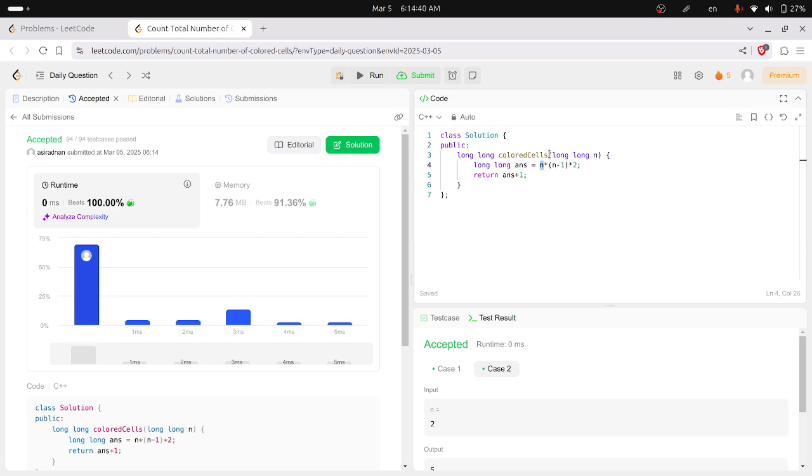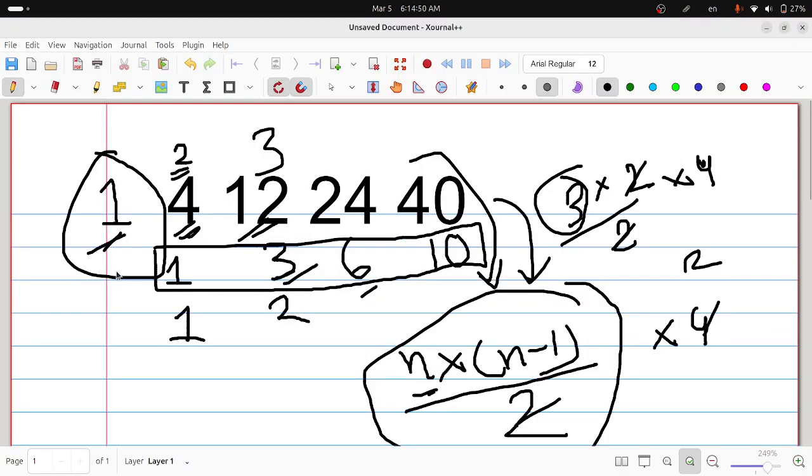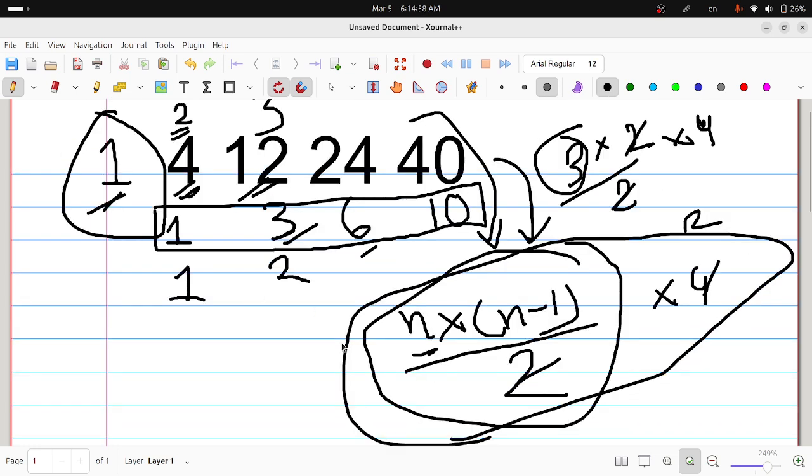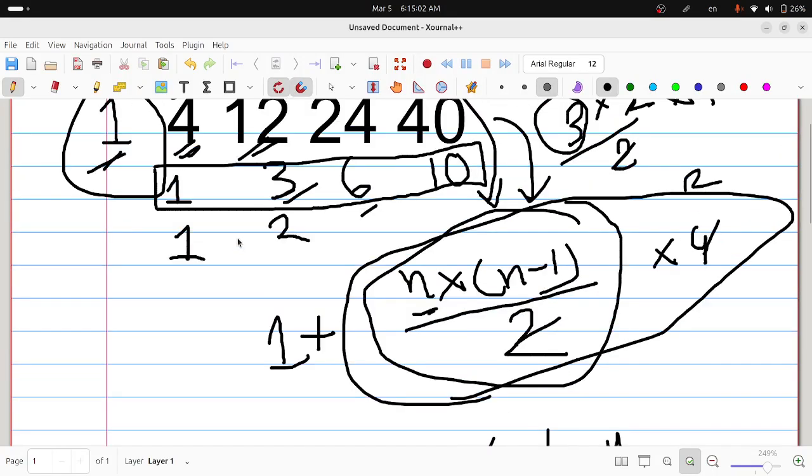That's why I made it long, and it worked. And before that I got another wrong answer. That was because I was directly answering 1, and for the rest I was directly answering whatever I was getting from this formula, but I had to add 1 to it. So yeah, it worked for every other case.